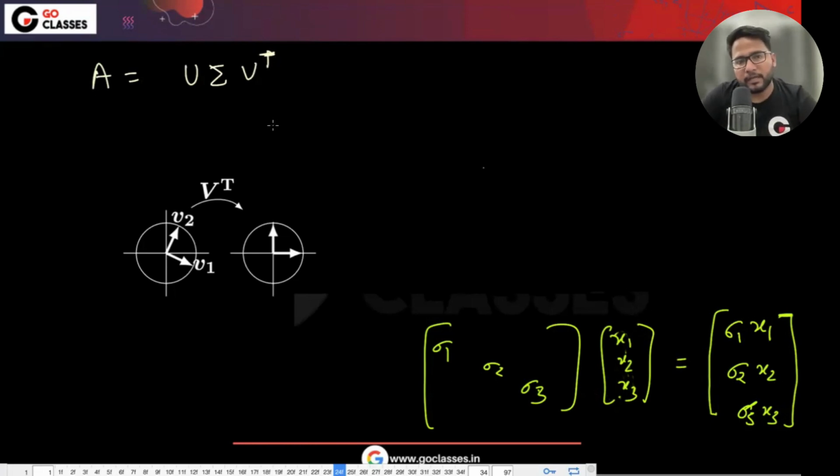Now, if you're multiplying these vectors, let's suppose first you multiply by V transpose, now you're going to multiply by sigma. So each of the dimensions will get scaled, right? There is no rotation or something. Is this interpretation correct, or are we missing something?